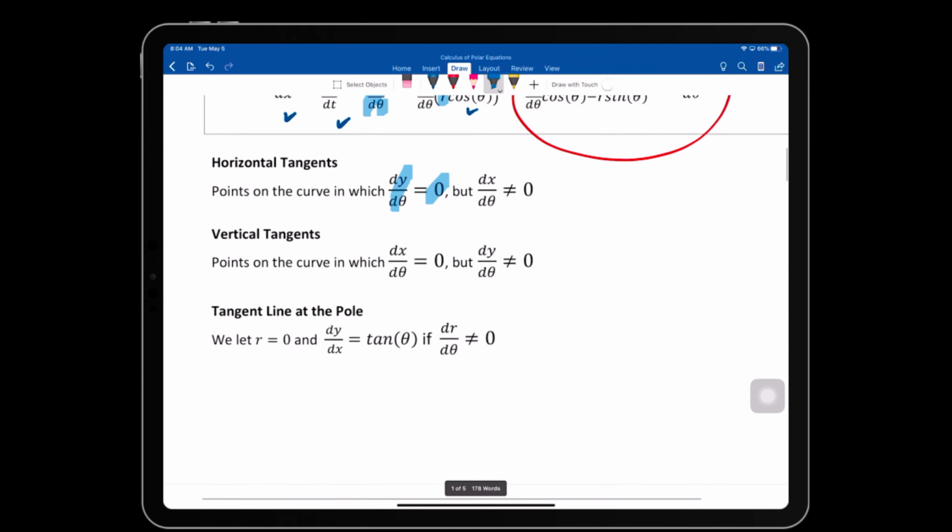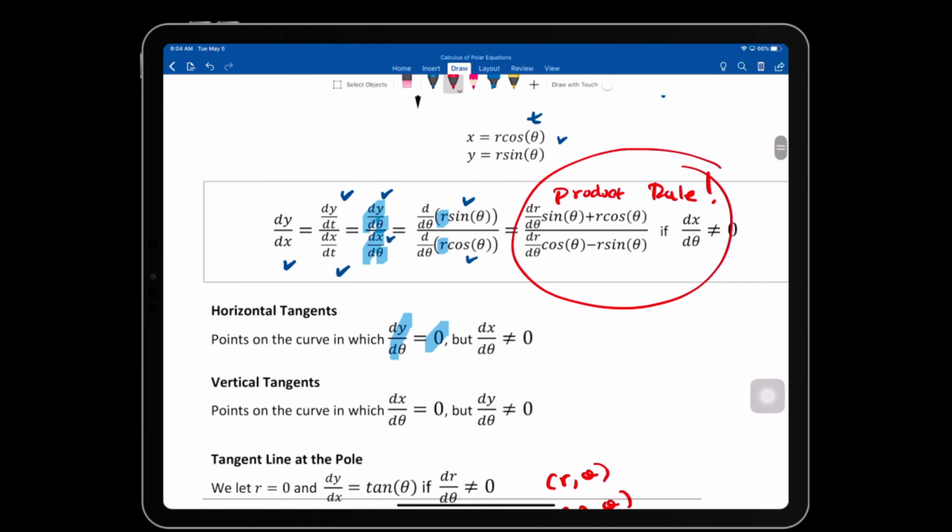And certainly, tangent line at a pole. Remember, the definition of a pole here: the radius is 0 and theta is arbitrary, any theta, you're talking about a pole. Now, what that does, if you plug in r as 0 here, essentially you zero out this, and you have cancellation here, right?